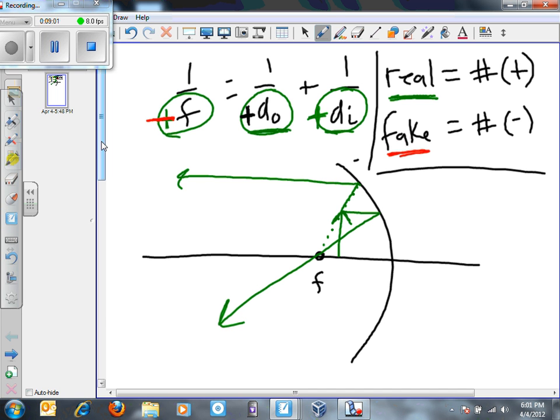And if they won't converge, I'm not going to get a real image. So what I have to do in this case is what we call back trace the reflected ray. See where that comes from? And at this point here, I know that I have a fake image. The reason why it's fake is because it's upright. So this distance from the mirror to that image is going to be a characteristic of a fake image. Therefore, in this case, the distance to the image would be a negative number.